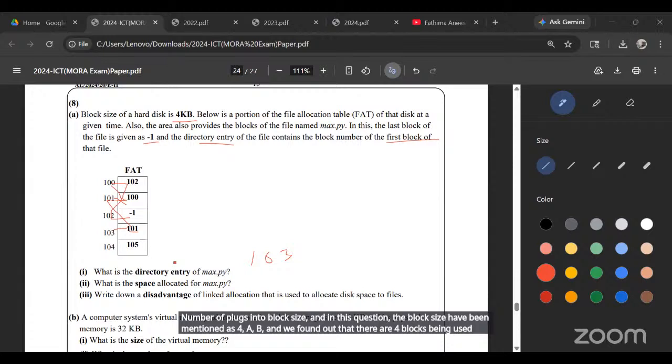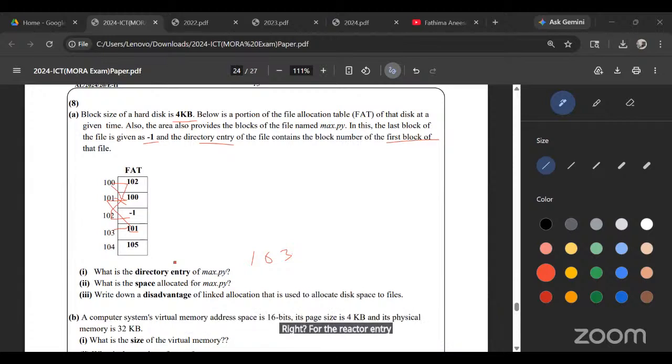Right? So the directory entry, we found it out. So 4 blocks into 4 KB is 16 KB. So the space allocated for max.py is 16 KB. Was that clear?